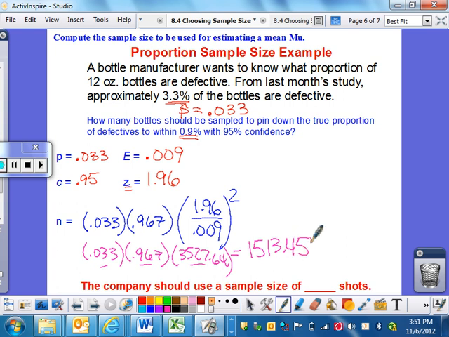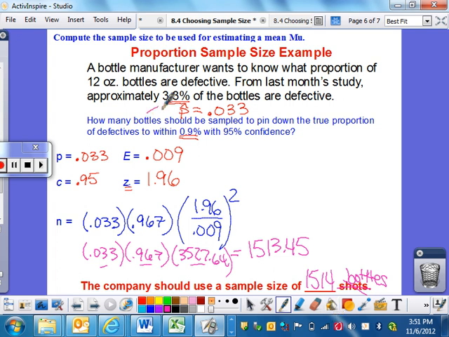And just like the other one, the company should use a sample size of, and that's not shots, it's not the golfing problem, this is the number of bottles actually. Excuse my little error there. How many should you use? You need to round up. So it's 1,514.